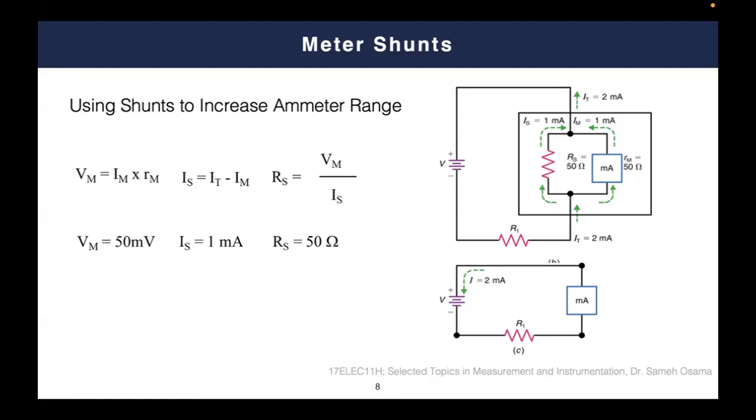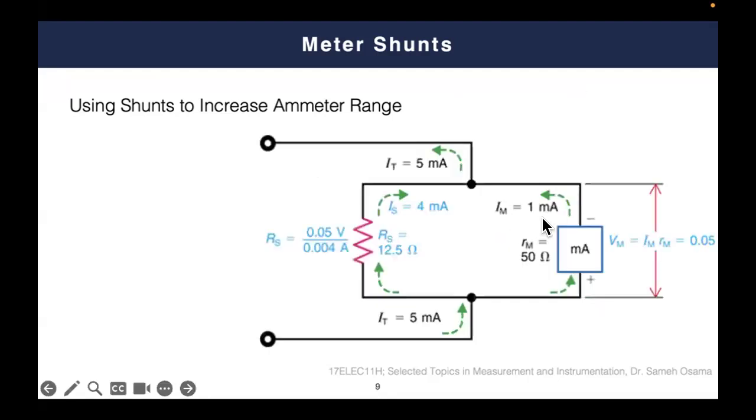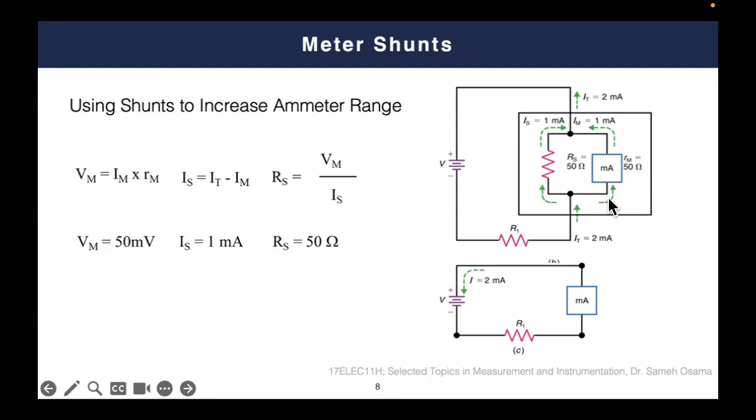So in this case, if you insert this ammeter in this circuit, the equivalent ammeter resistance is 25 ohm.